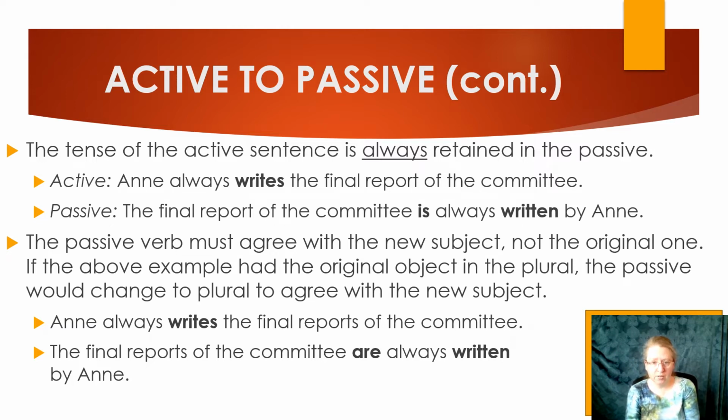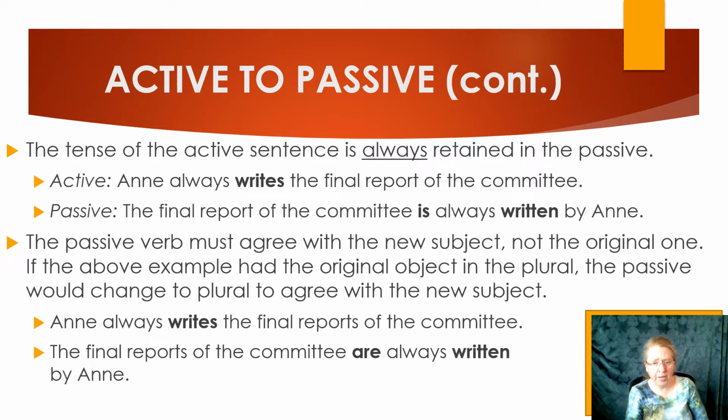Okay. Another thing we need to remember. You know how we talked about how we change the subject, the original object becomes a subject. So we might have to change the passive verb to agree with that new subject instead of the original one. So suppose we take the same sentence and we make report plural. Okay, Anne always writes the final reports of the committee. Now Anne is singular, but reports is plural.